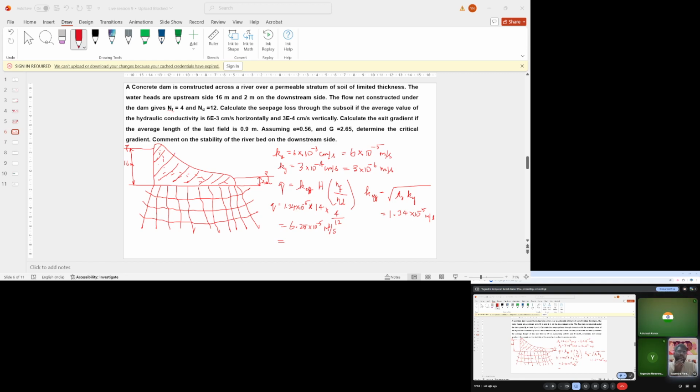How can it be less than 10 to the power minus 5? Calculate it properly.